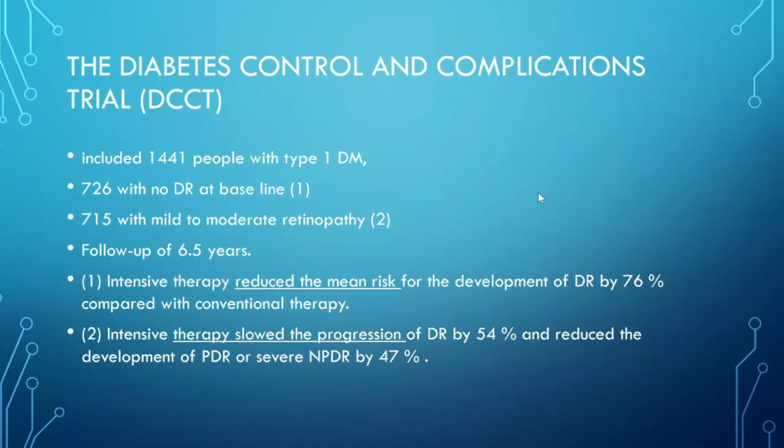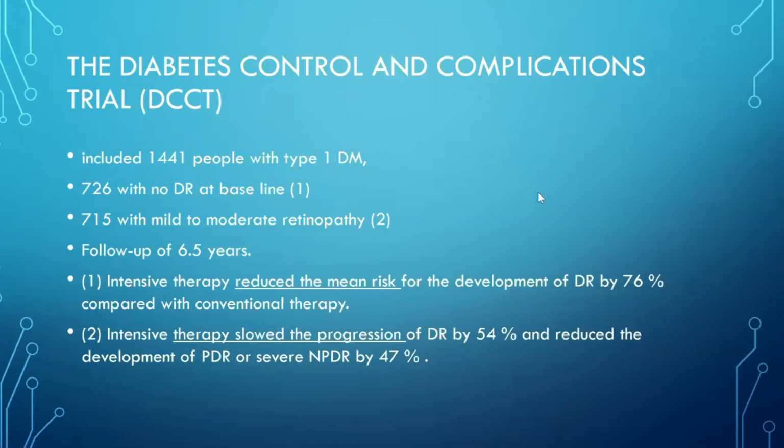They followed them for around 6 to 7 years, and they found that with tight control of the blood sugar, they reduced the mean risk of developing diabetic retinopathy by around three quarters, 76%, compared to conventional therapy. So in the first group, who had no diabetic retinopathy, with tighter control, around 76% did not develop any diabetic retinopathy over 7 years.